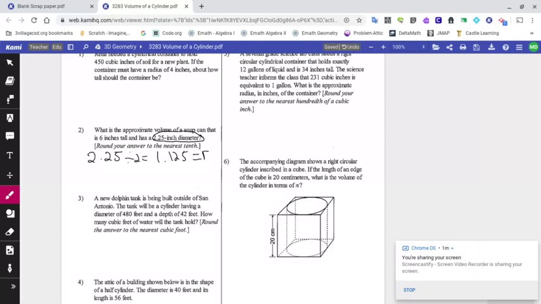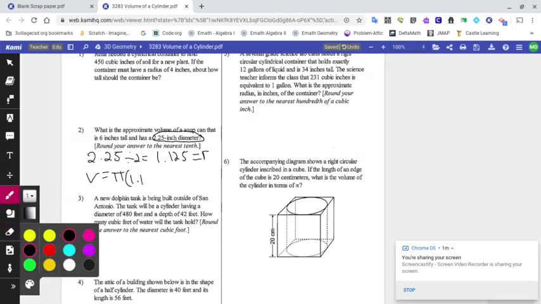Remember, the area of the base times the height. So the volume is going to be pi times the radius, 1.125.